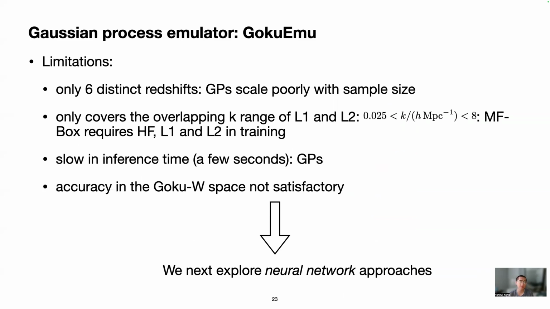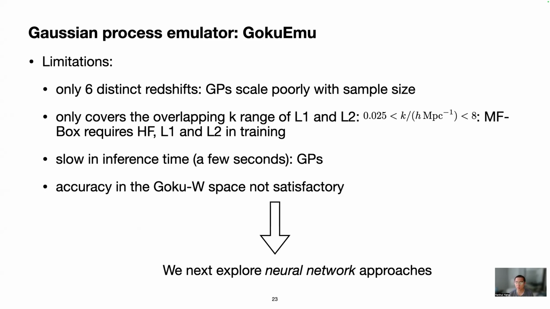However, there are some limitations of GokuNEmu. It was only trained on 6 distinct ratios because the complexity of Gaussian processes scales poorly with sample size, and we have a relatively large sample. And it covers only the overlapping k range of L1 and L2.